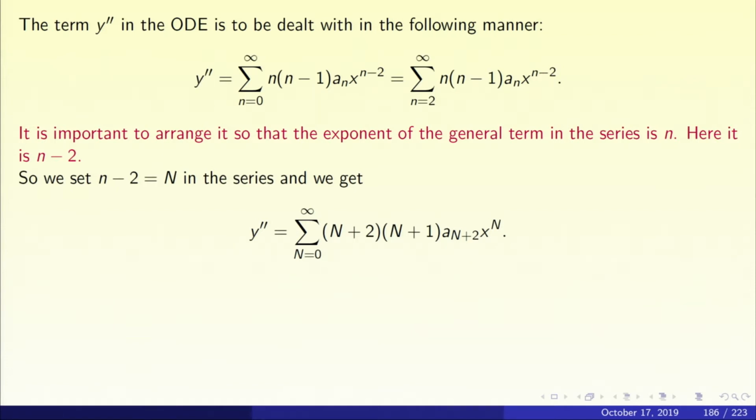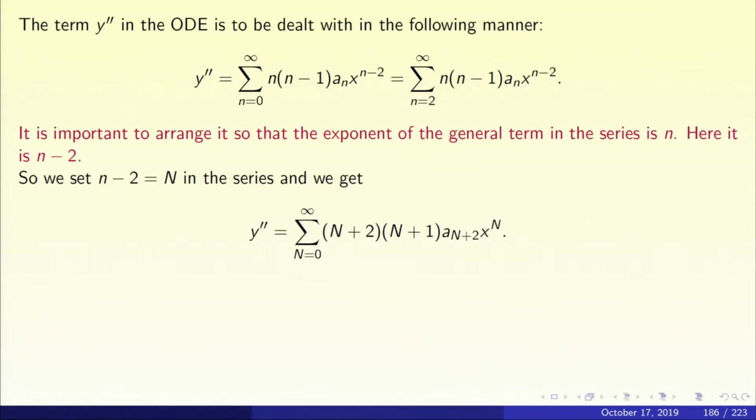So we need to correct this little problem immediately, and the way you do it is to set n minus 2 equal to capital N. In the last displayed equation, you get y double prime equal to summation capital N from 0 to infinity, because when little n goes from 2 to infinity, capital N goes from 0 to infinity.